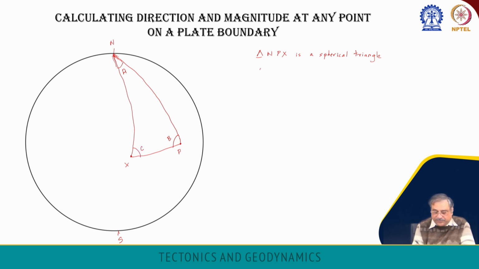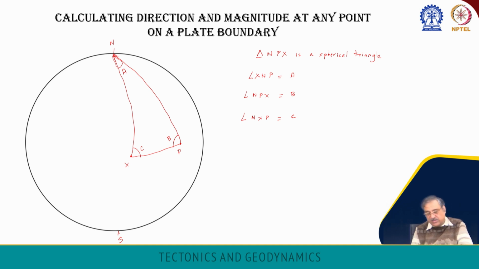So in other words, the spherical angle XNP is equal to A. The spherical angle NPX is equal to B, and the spherical angle NXP is equal to C. So this is the notation that we will now be using.